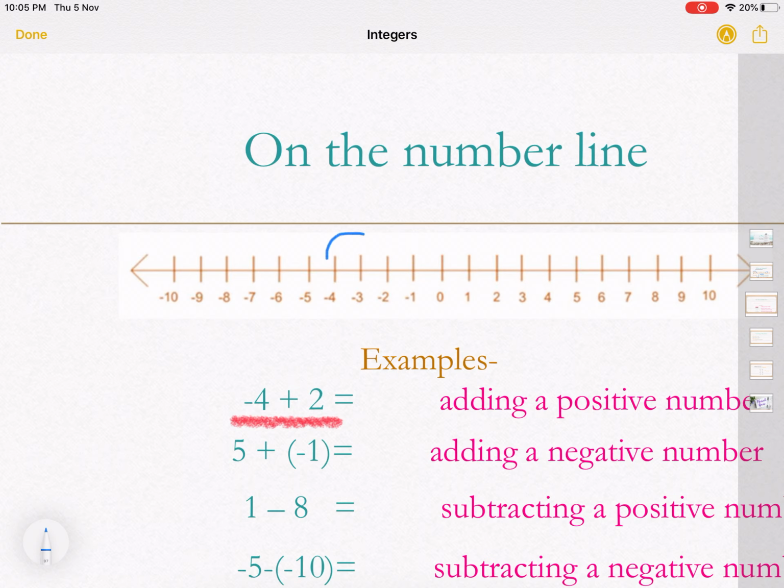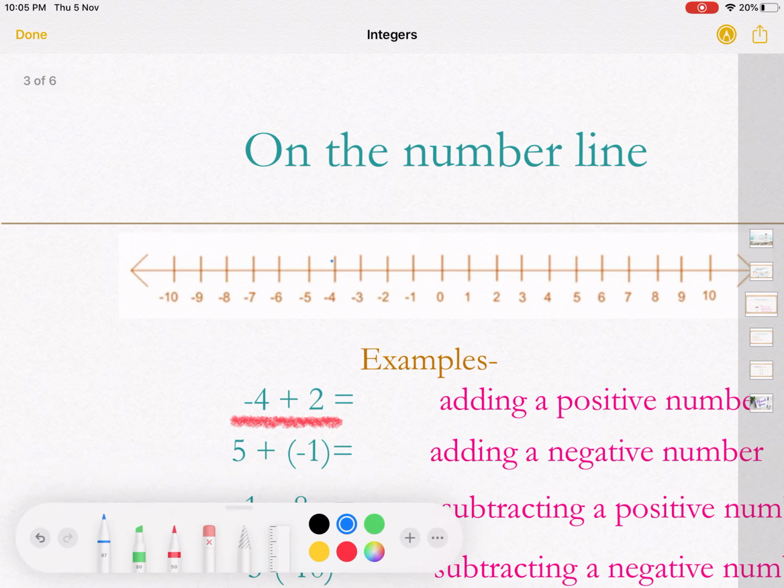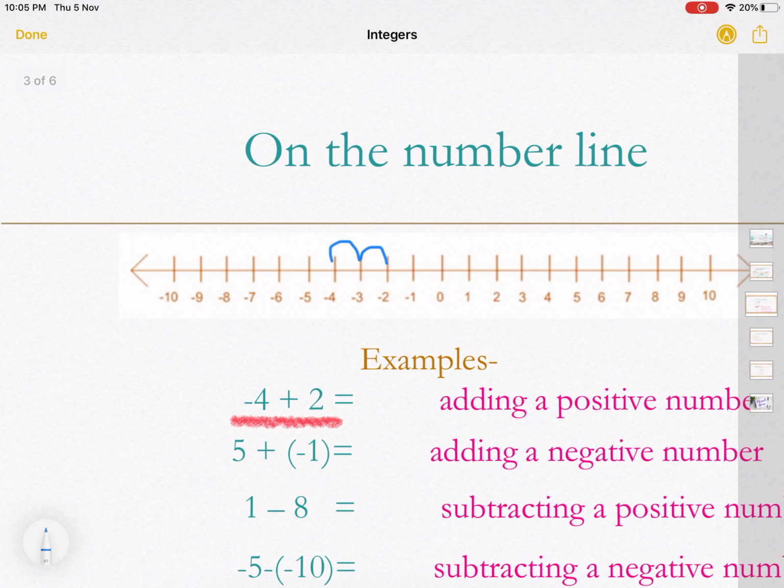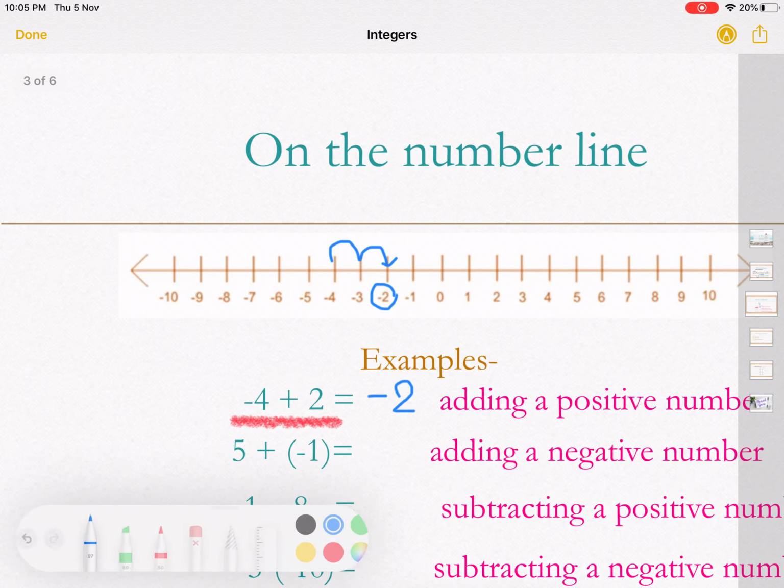So 4, 3 and 2. We have moved 2 times. So, where do we land? We land on -2. Is this our answer? Yes, this is our answer, and we will write -2 here. Alright, let's move on to the next example.